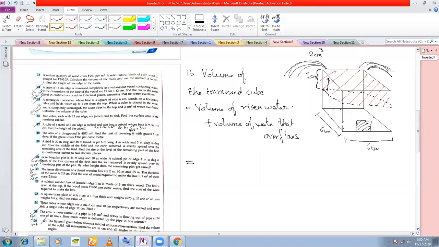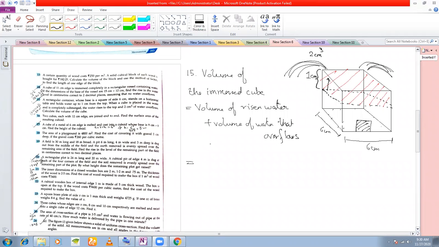And how much is the volume of water that is rising? Can you tell me the volume of this shaded cuboid? Can anyone tell me? Abhishek? Yes, sir. 1 centimeter cube.